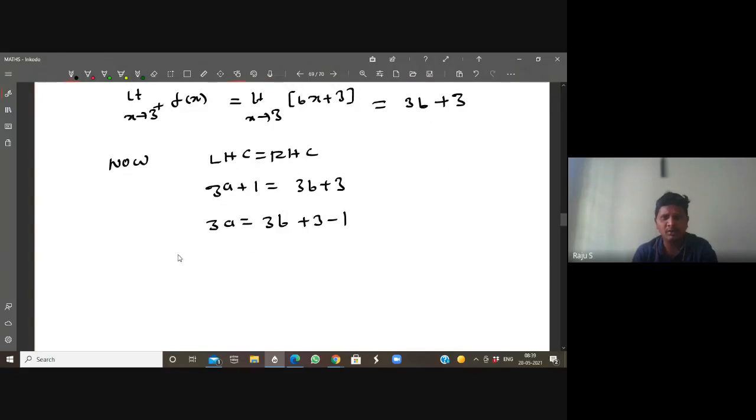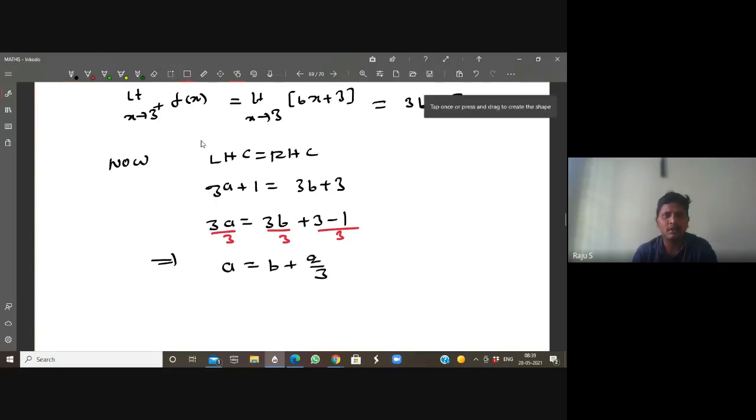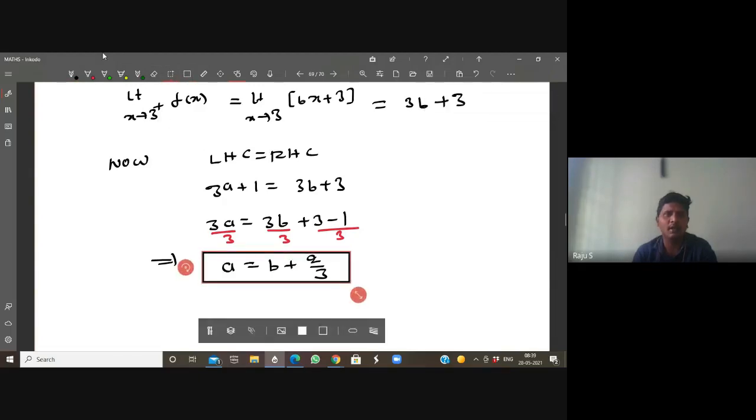I want to find just the a value, so for that I divide each and every term by 3. So a is clearly equal to b plus 2 by 3. So this is the relation between a and b.